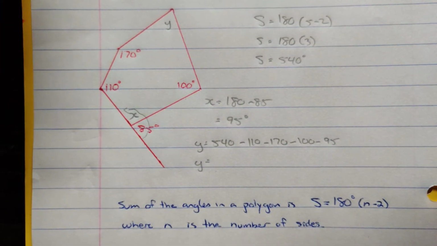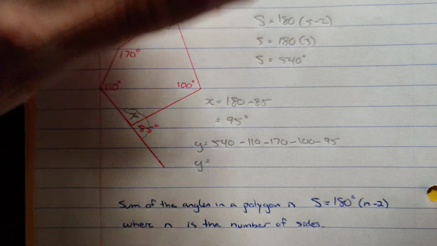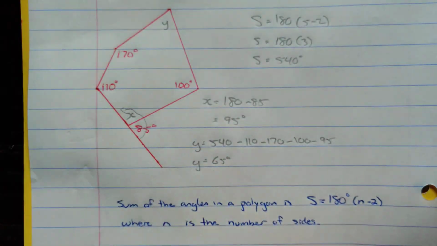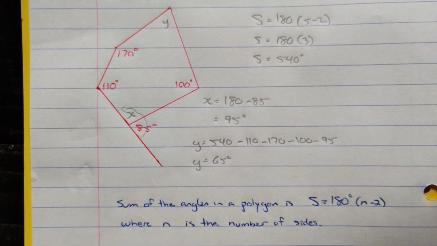And so when I do all that, 540 minus 110 minus 170 minus 100 minus 95. That's going to give me an angle of 65 degrees. So there's my X, there's my Y. And now I have my missing values.